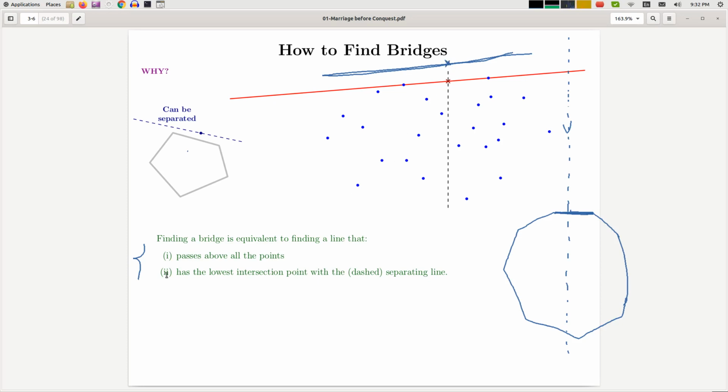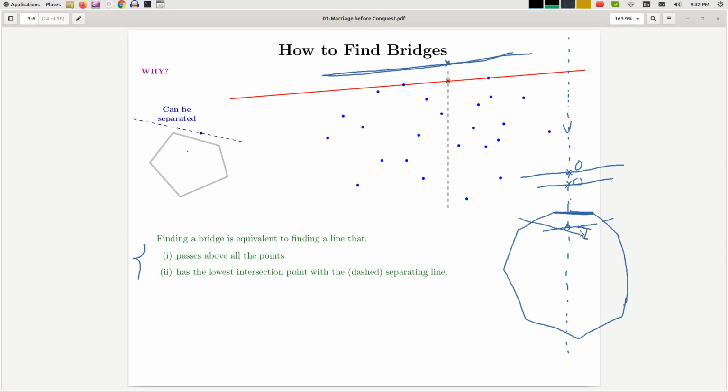By finding the lowest point that has these two properties, I'm finding a point where a transition happens from being outside to inside. When I'm moving downwards along this vertical line, for example, I'm stopping here, I can find a line such that all the points are below, so therefore I know this is out. I move a bit more down, again I can find the line that has all the points below, so this is also out. At some point I cannot find the line that goes through this point and has all the points below it, so therefore this is inside.